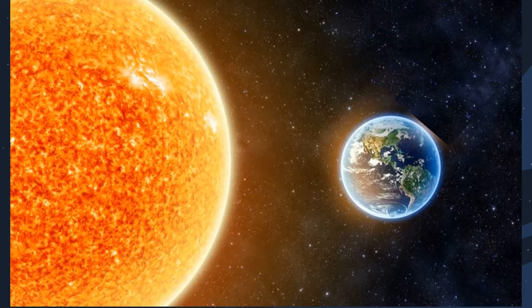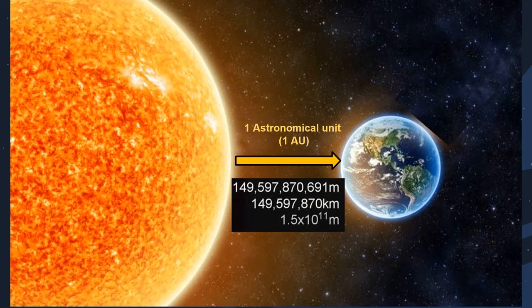So we don't use the meter and kilometer, we use a different unit we call astronomical unit, and we denote by 1 AU. And this 1 AU is a huge number. Okay, so it's like 149,597,870 kilometer. It's so much huge number. So in simple, 1.5 into 10 to the power 11 meter. It's a huge number.